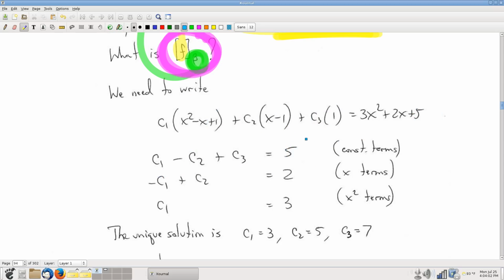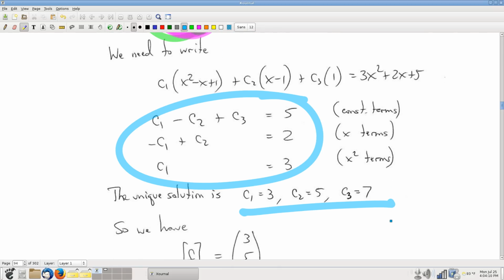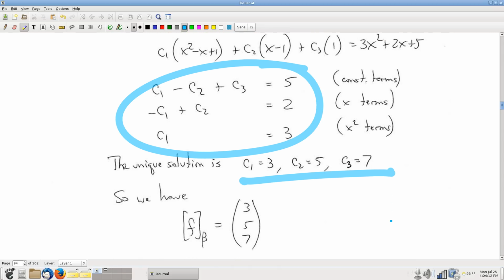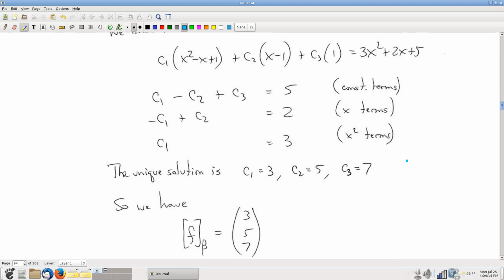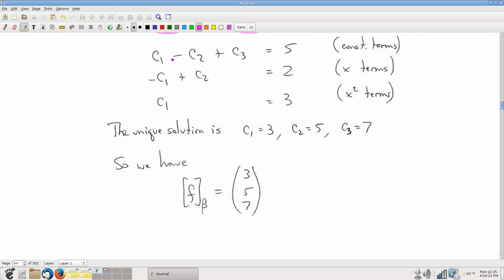So altogether we have 3 equations and 3 unknowns, and you solve for C's. And they turn out to be this. Exercise for the listener. And so keep in mind what those numbers were. These numbers that we just solved for, those are the coefficients, and thus the coordinates. So that's what that is.